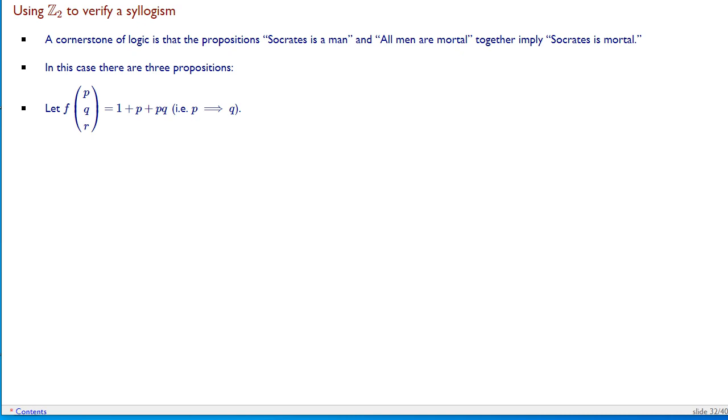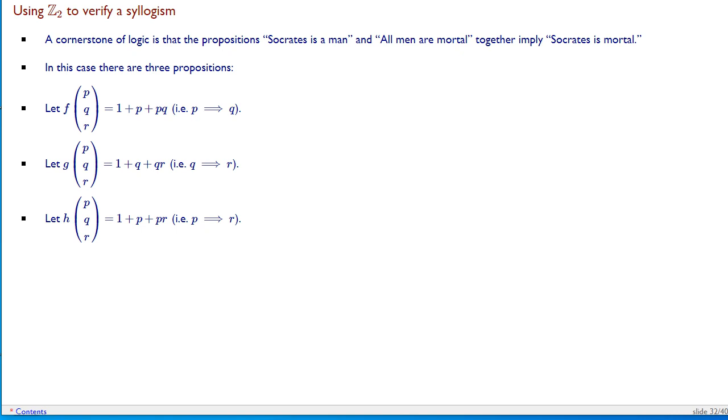The first one is P implies Q. Being Socrates implies being a man, and we know the expression for that. It's 1 plus P plus PQ. Next, all men are mortal. Q implies R. Manhood implies mortality, and that's represented by 1 plus Q plus QR.